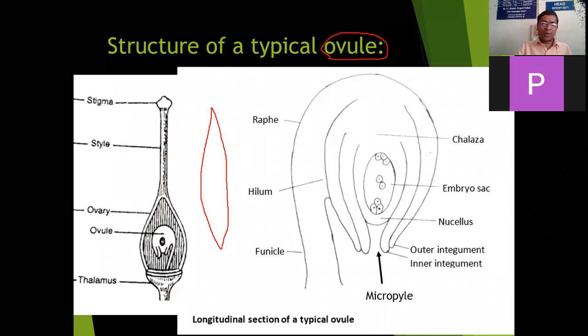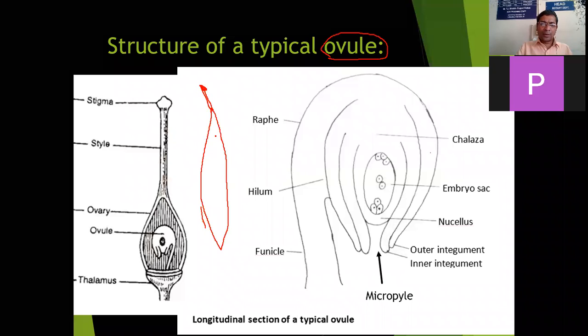In Pisum sativum, such a structure is present. Suppose this is the ovary. This ovary is single chambered. This is a very short style, and this uppermost portion is called the stigma.